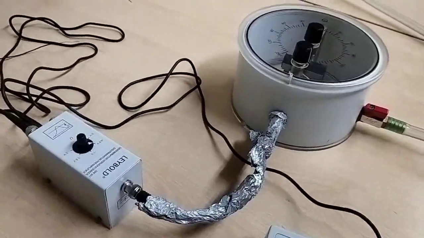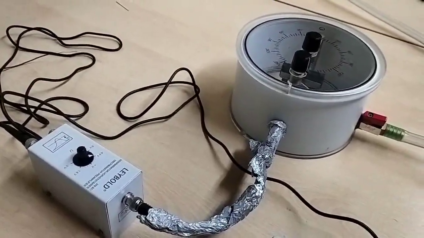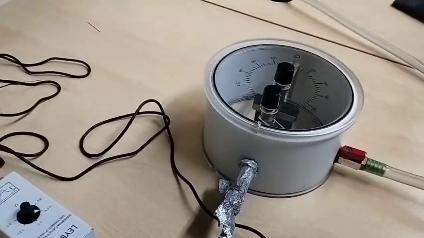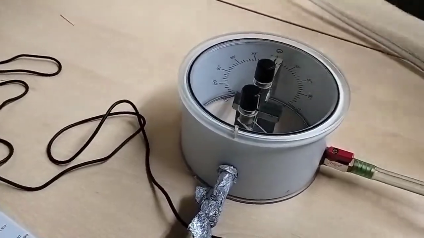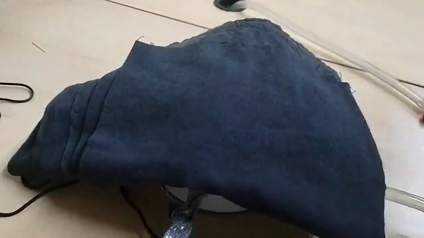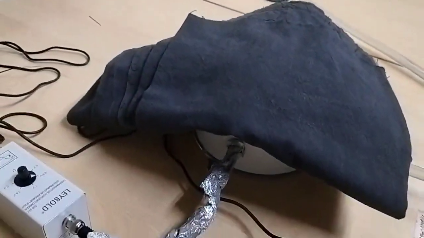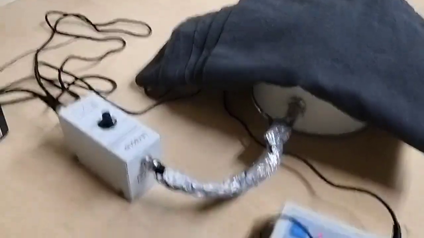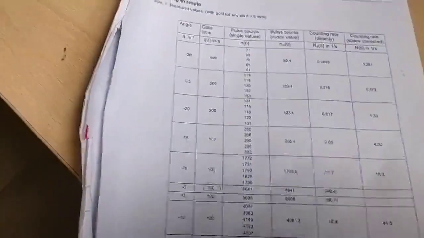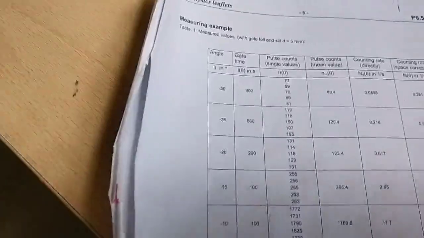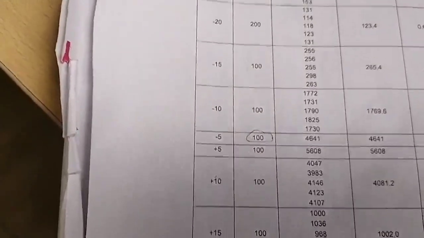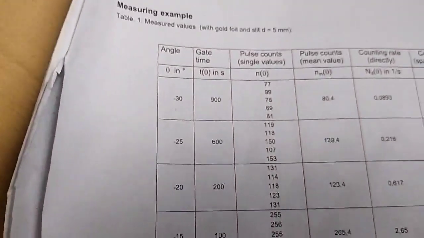Once the discriminator level is set, we will start to measure the scattering rate versus the scattering angle. Before starting the experiment, you cover the scattering chamber with this black cotton cloth so that outside light will not fall over here. Now you record the scattering rate as a function of the angle. As per this table, measurements are taken symmetrically at different angles, starting from 5 degree to 10 degree, 15 degree and 20 degree.